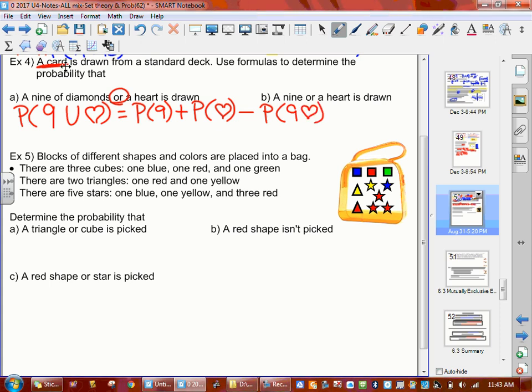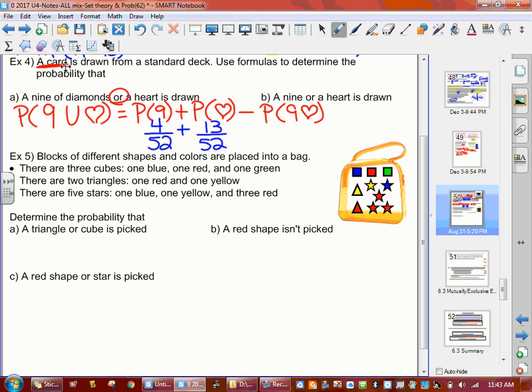Okay, so probability of a 9. How many 9s are in the deck? There's 4 of every card, so 4 out of 52. How many hearts are in the deck? 13. There's 13 of every suit, so 13 out of 52. Now, how many 9 of hearts are there in the deck?